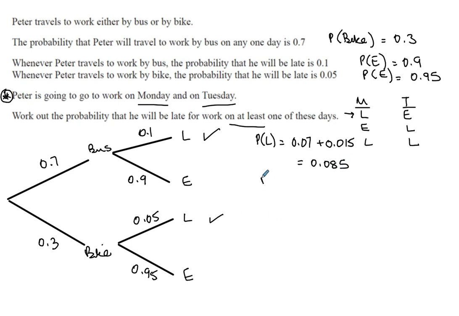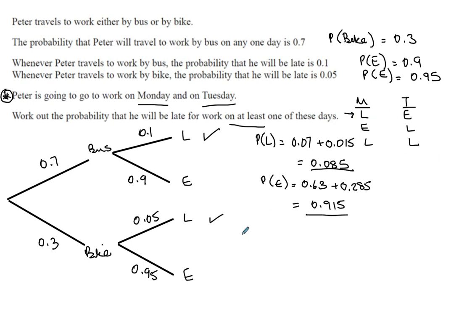Okay, and then the probability of early will be 0.7 times 0.9 is 0.63, just underline that, plus the probability of early by bike is 0.3 times 0.95, which is 0.285, and that comes to 0.915. Okay, yeah, so can you see we had to calculate that first in order to then do that.